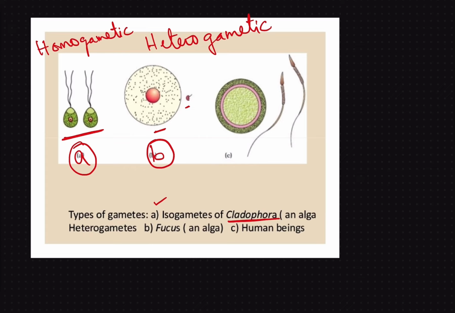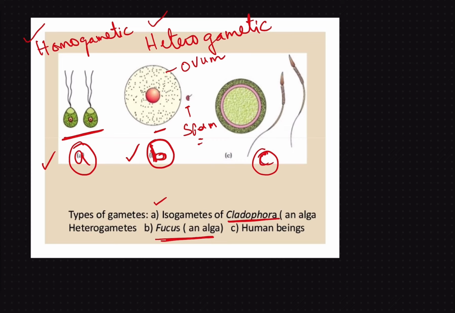Now, in this heterogametic, the large non-motile is the ovum, the female gamete, and the small motile is the sperm. Case B is an example of another variety of algae called Fucus. So, A is also an example of algae, B is also an example of algae, but in A, Cladophora is homogametic and in B, Fucus is heterogametic in nature.